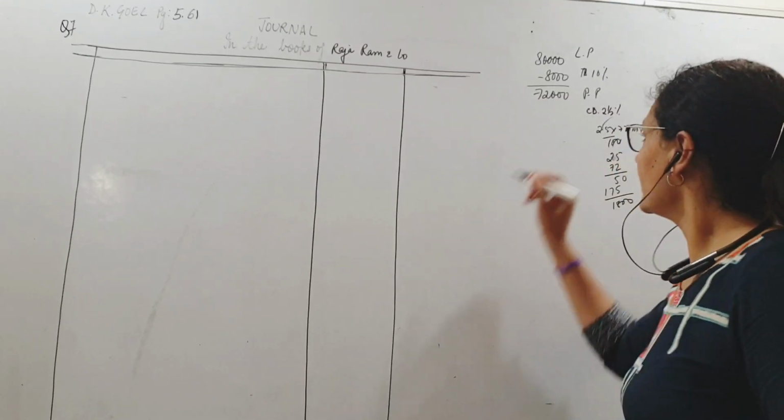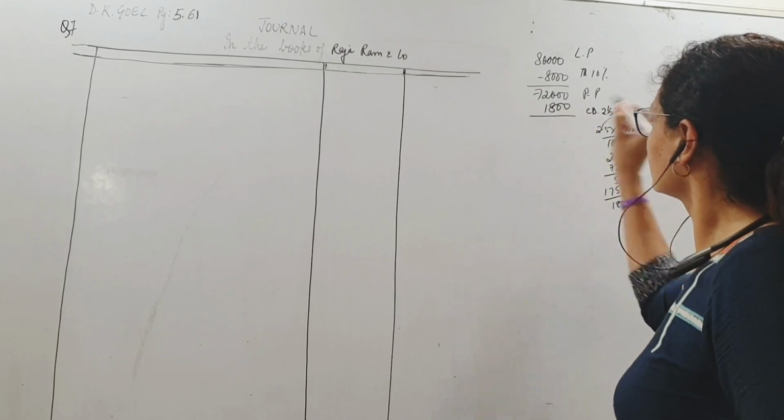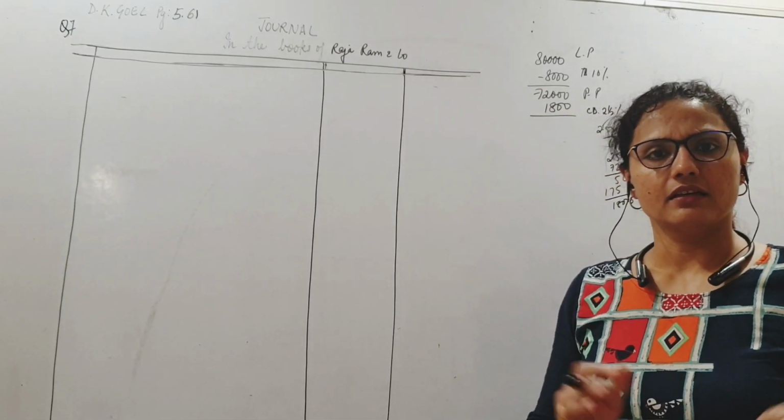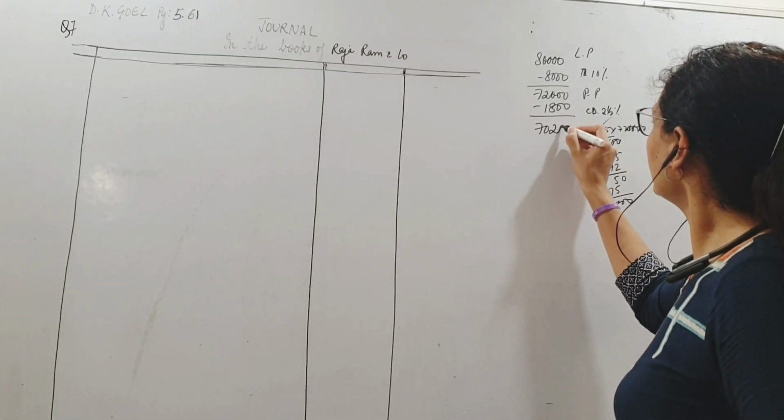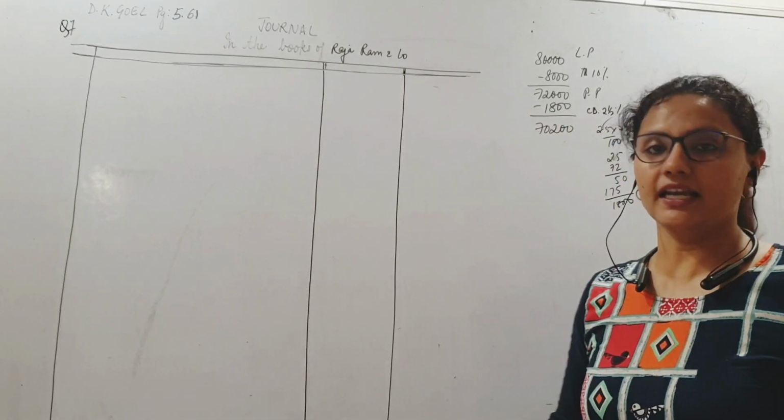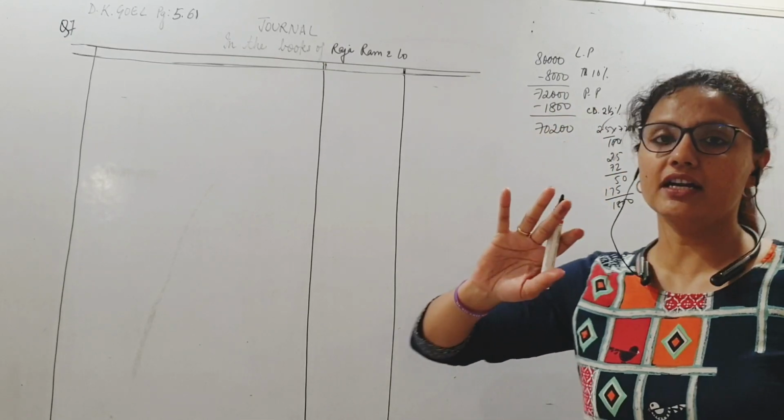So 1,800 is my cash discount. Fine. We will pay after subtracting this as well. Okay, so how much am I paying? 70,200, right? 72,000 minus 1,800.